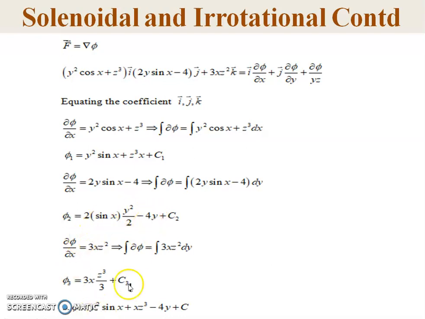Minus 4y is not there, so put it here. For the third function we have xz³, which is already there, so leave it. Repetition is not allowed, it is just like taking a union. So this is the scalar function phi.